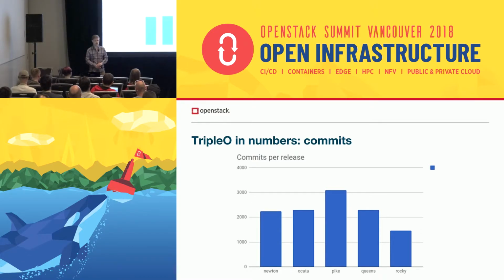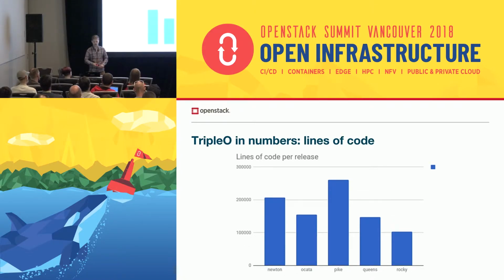But Rocky is still in a good position where we will push more code than we did in Queens. Same for the lines of code. We are almost at the end of milestone 2, and we have already reached beyond half of the Queens statistics. So that's also a good sign that Rocky will be a release where we push more features than Queens.